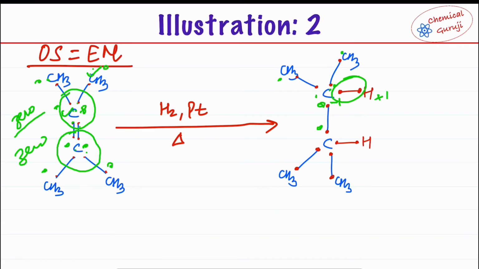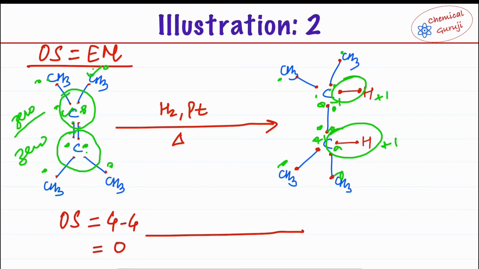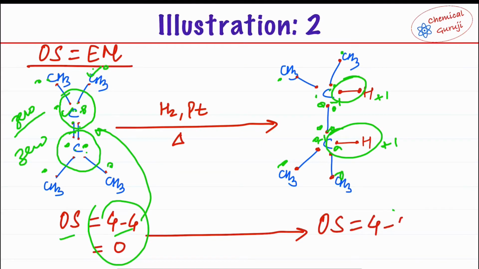Only where there is a difference of electronegativity, hydrogen is less electronegative than carbon. So can I write the oxidation state of this compound?